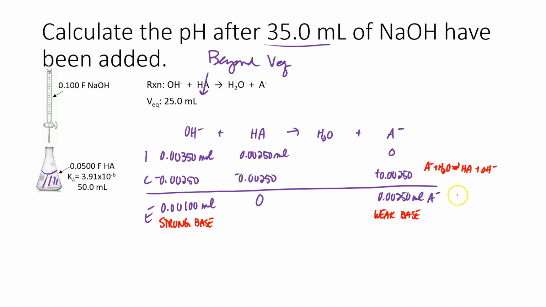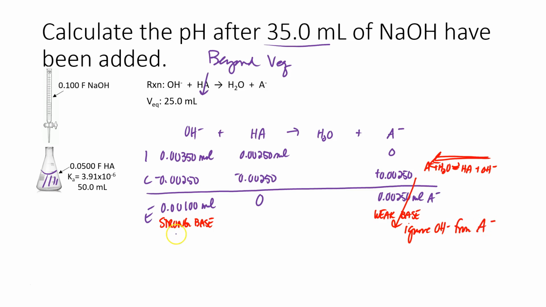But do you think we need to worry about the little bit of OH that A minus can produce? Do you think it'll even come close to the moles of OH that you already have here? No, because this equilibrium lies to the left. So we're going to ignore the OH from A minus.